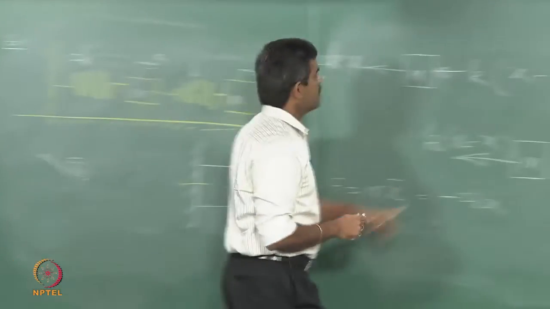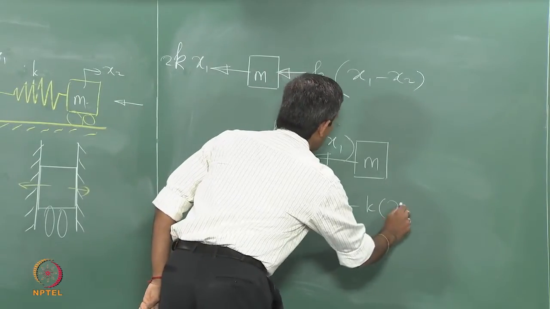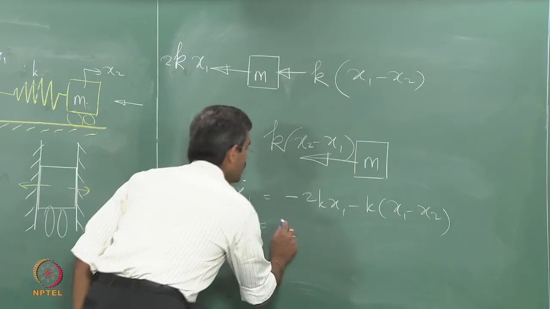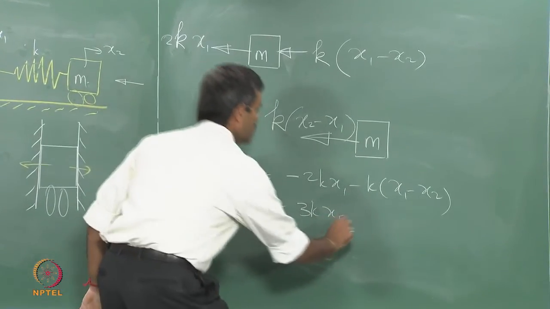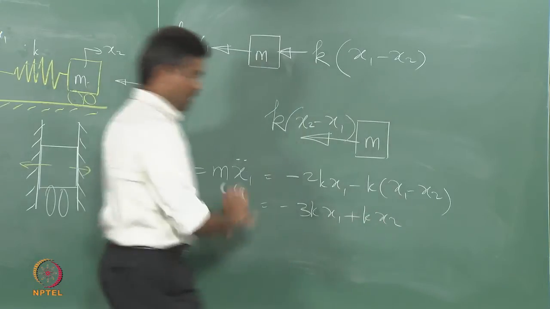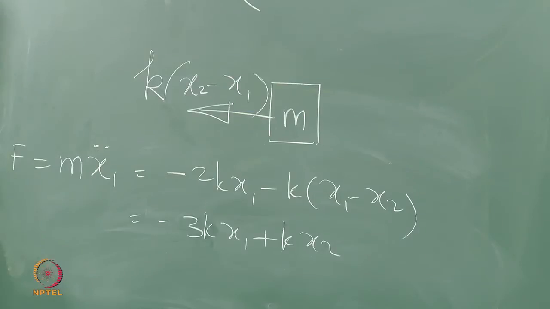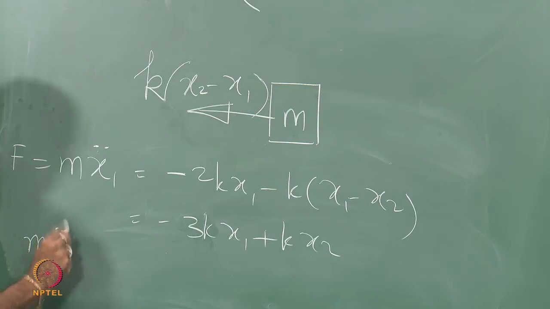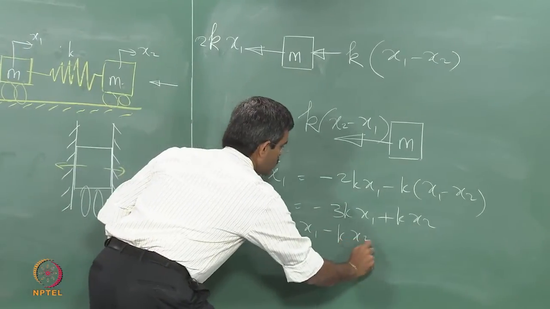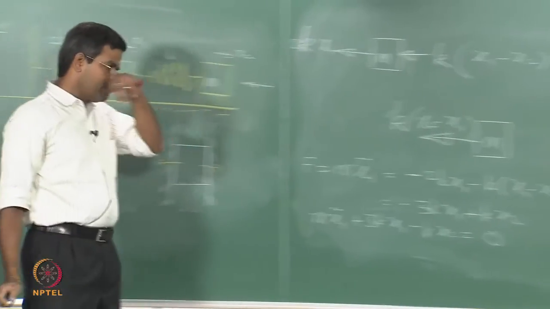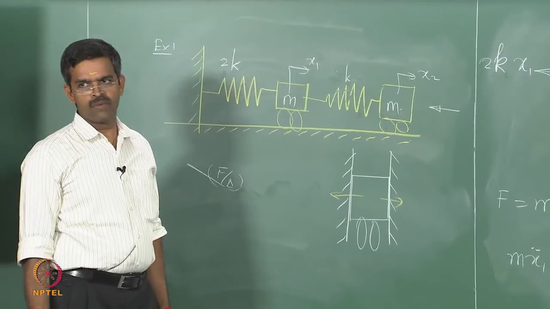So minus 2k x1 minus k of (x1 minus x2), which is minus 3k x1 plus k x2. I bring it back here. So m x1 double dot plus 3k x1 minus k x2 is 0.